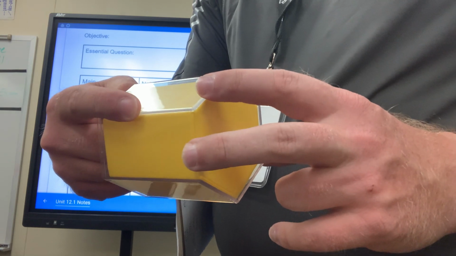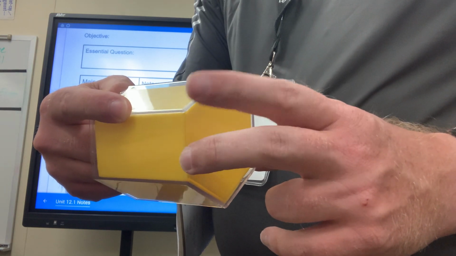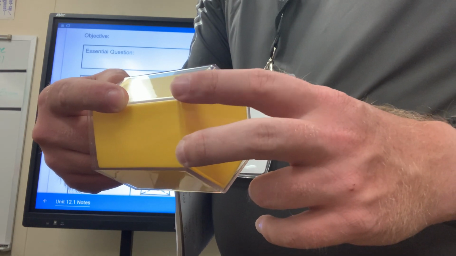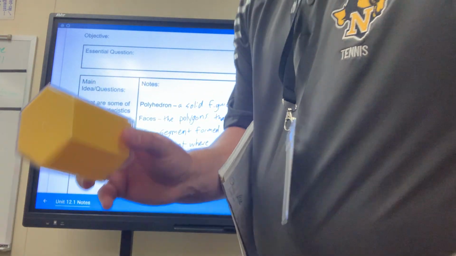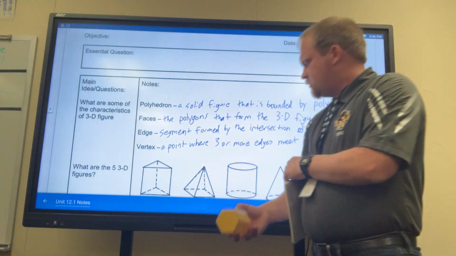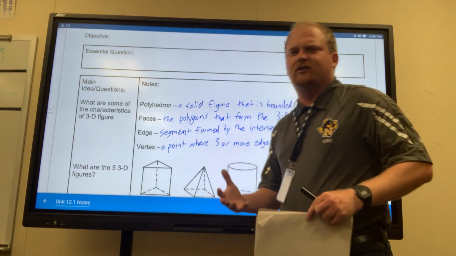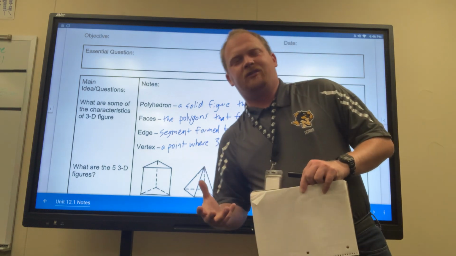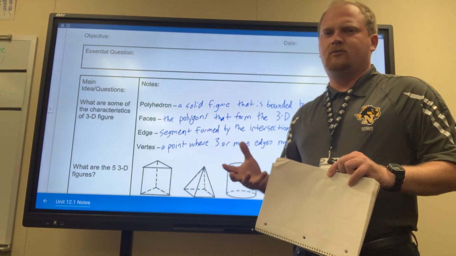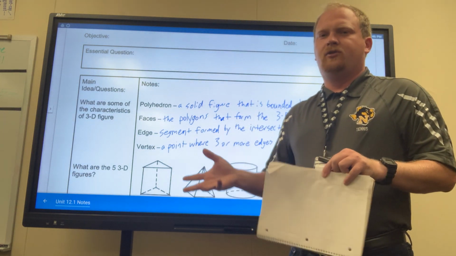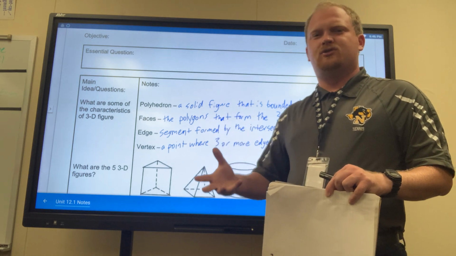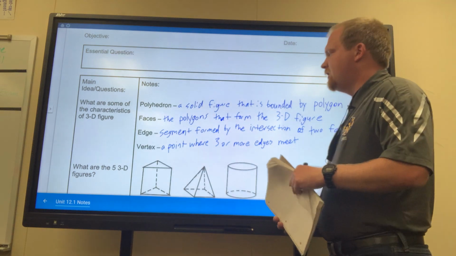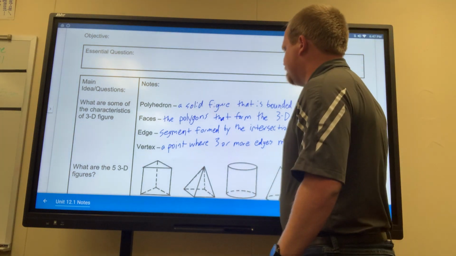The three edges that I have my fingers on form a vertex right here. So that's my vertex. It's basically just another way of saying a corner, just like the vertex of an angle. Even if I make it a three-dimensional figure, it's still a corner. That's just another way of describing it.